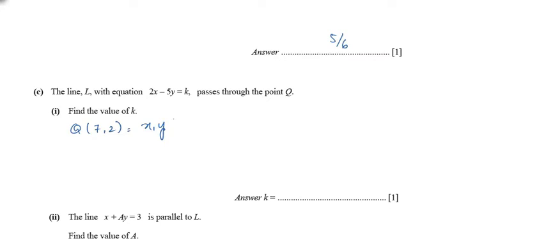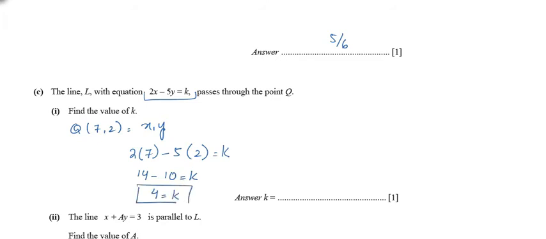When we substitute this coordinate in the given equation 2x minus 5y is equal to k, we will get the value of k. So 2 times the value of x, 7, minus 5 times the value of y, 2, is equal to k. Now 2 times 7 is 14 minus 5 times 2 is 10, is equal to k. So 14 minus 10 is equal to 4.